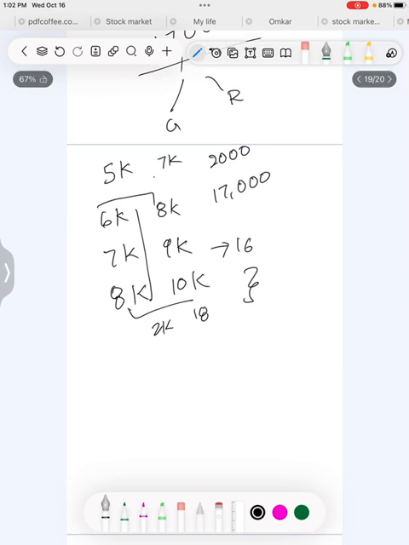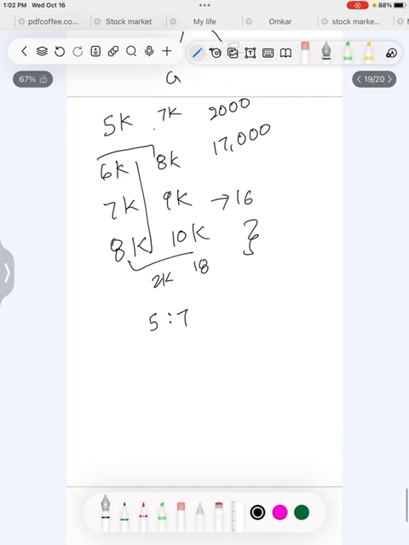So you can do one more thing. You can take the options, 5:7, right? You can just do minus is 2, plus is 5 plus 7, 12, right?